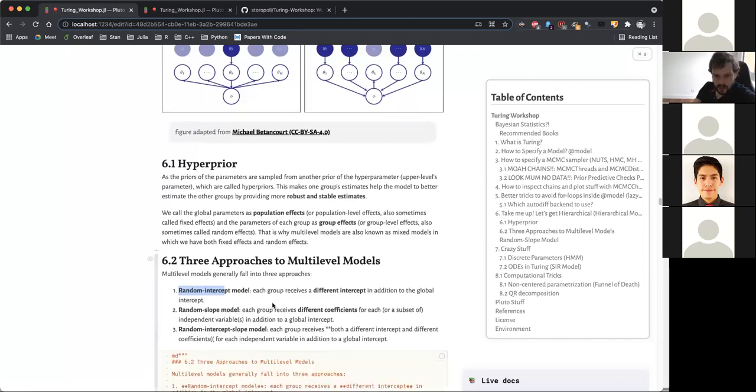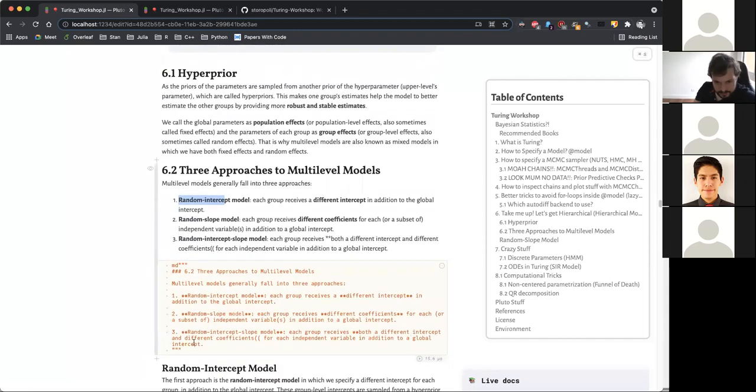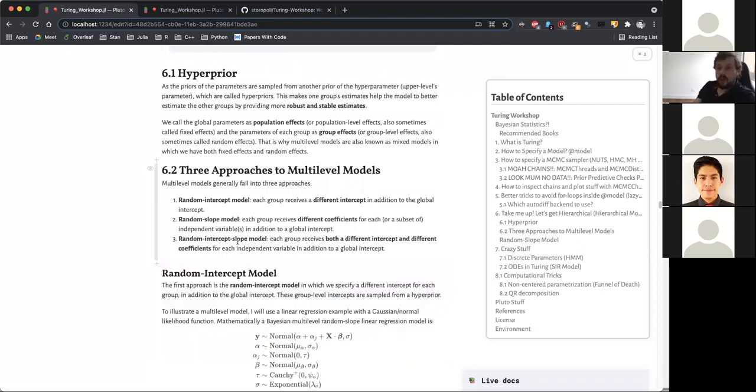And then we have the mix of those two. The third approach is that we have the random intercept slope model.